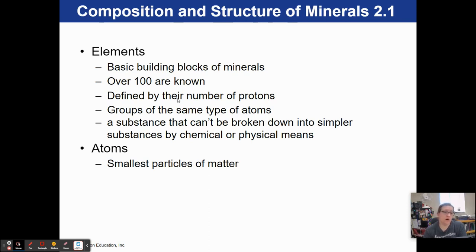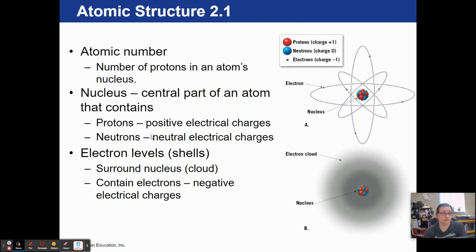So atoms are the smallest particles of matter, and the smallest part of an element is an atom. Atoms, though, themselves are made of even smaller pieces, the largest of which are called protons, neutrons, and electrons. And this is important for how the crystals and the minerals form.